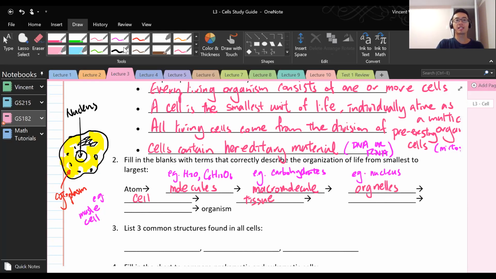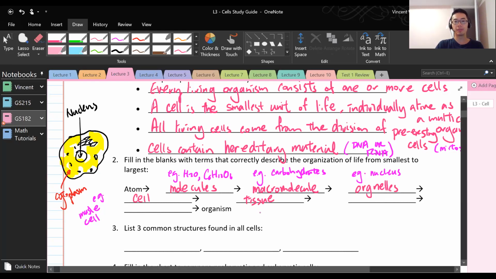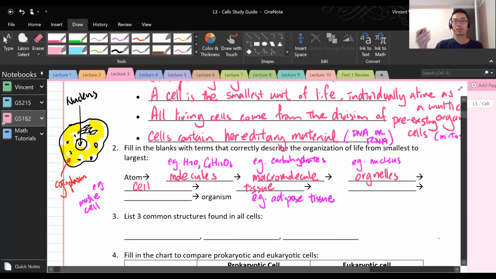So we have many different types of tissues. We have 7 types of connective tissue in the body, for example. So we have things like adipose tissue, right? So that's like fat tissue. Okay. There are epithelial tissues, right?